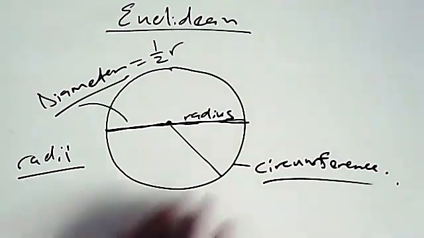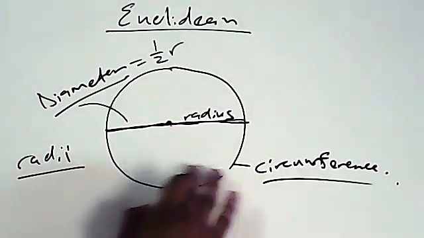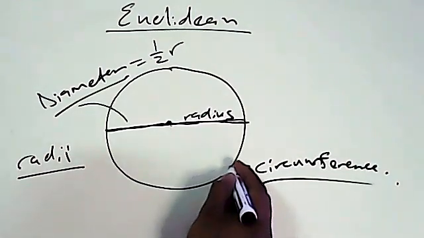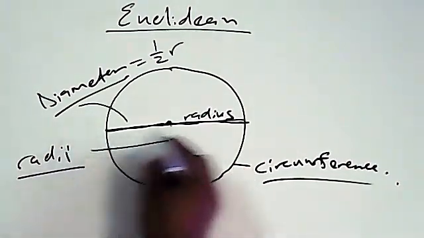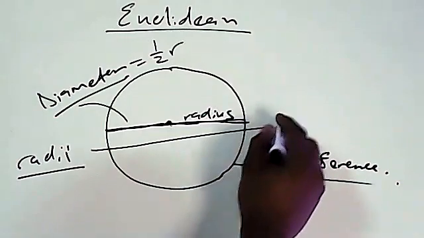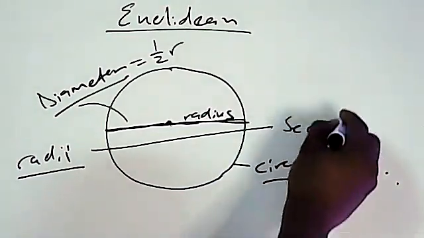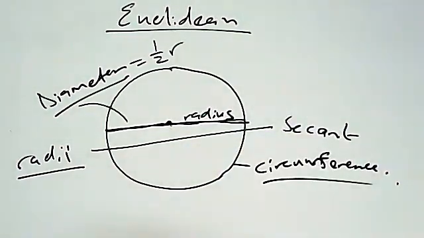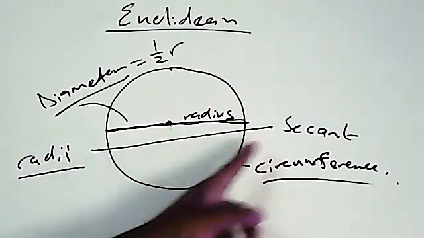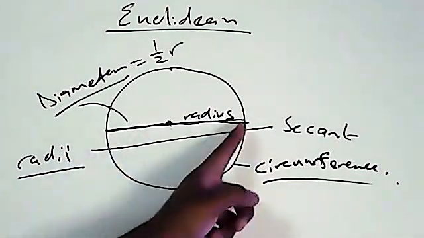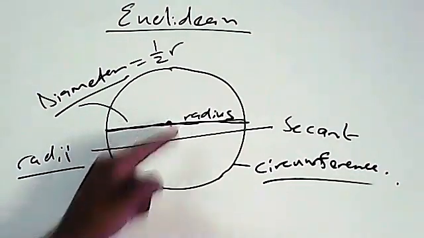But if we have a line, let me erase this for now, that is moving the same way as the diameter, but it is passing outside the circle, like that, we call that line a secant. Right, we call it a secant because a diameter shouldn't pass to the outside of the circle. It should end at the circumference and it should pass exactly through the center.